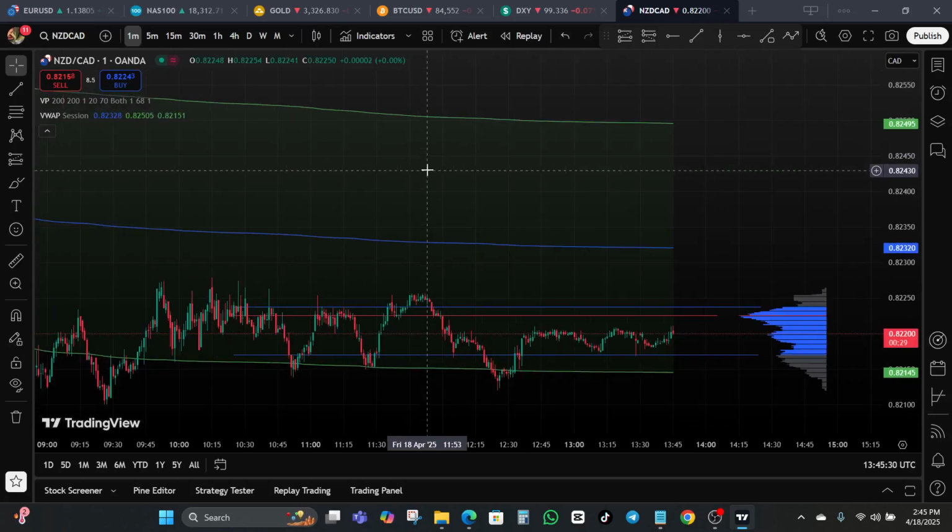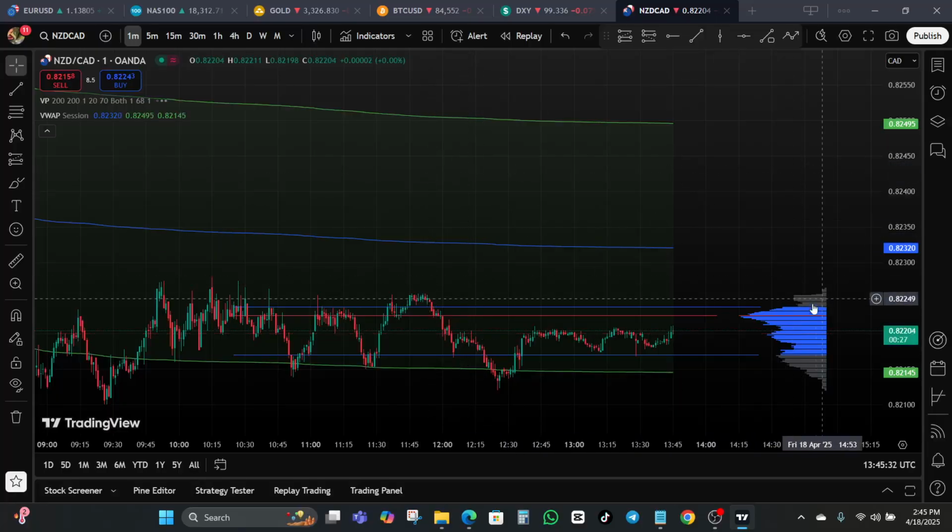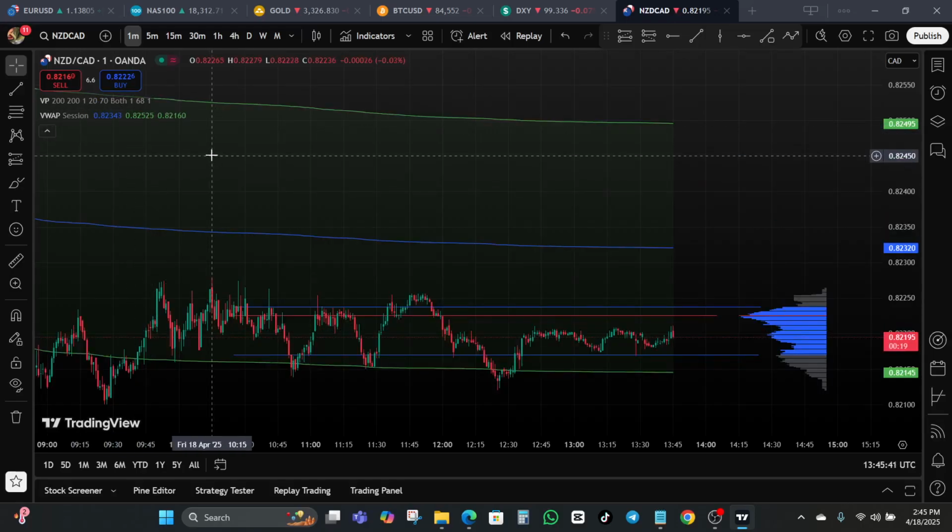The VWAP shows you the average price weighted by volume. It's widely used by institutions and provides a dynamic support and resistance level.